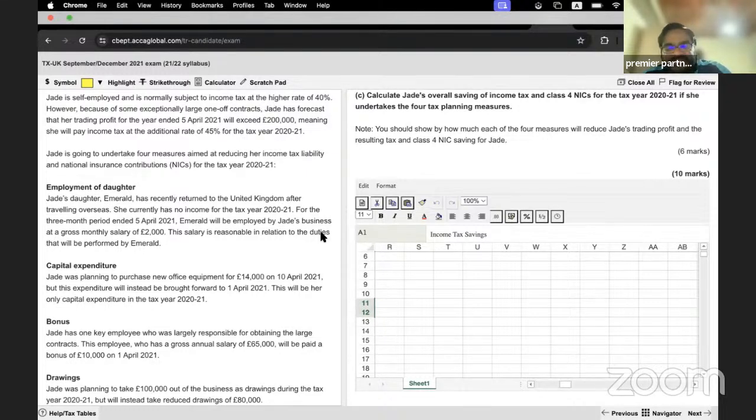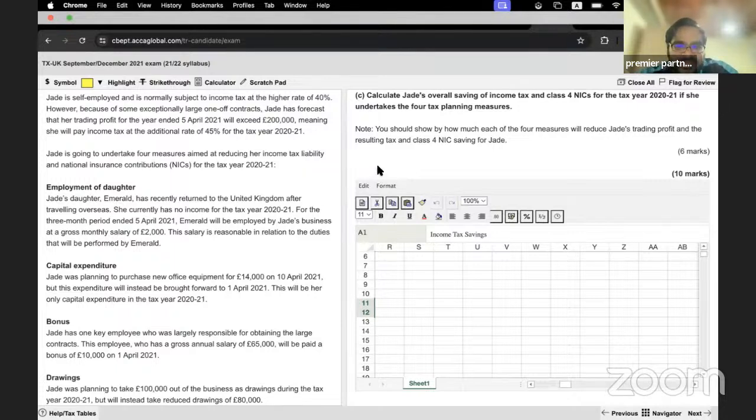What would be the impact? Yes, trading profit will come down by 14,000 pounds. Tax adjusted trading profit will come down by 14,000 pounds.